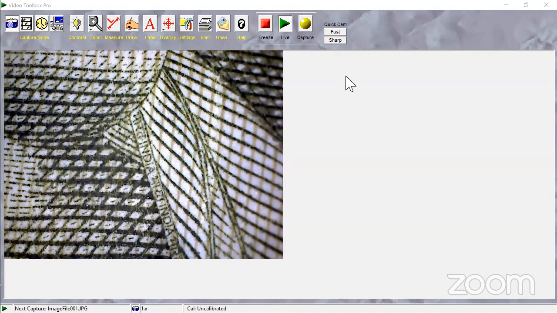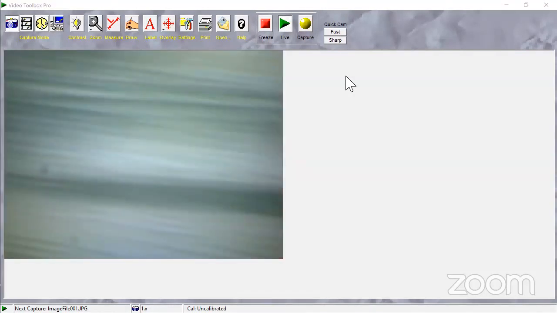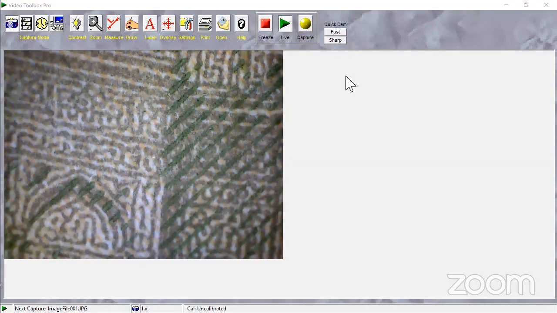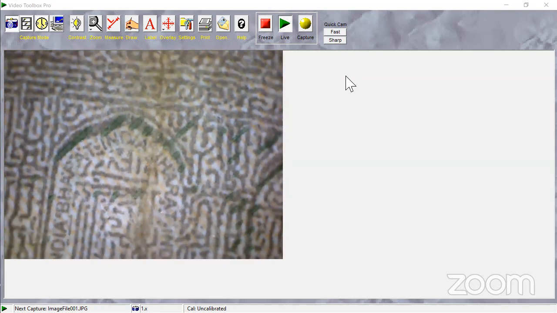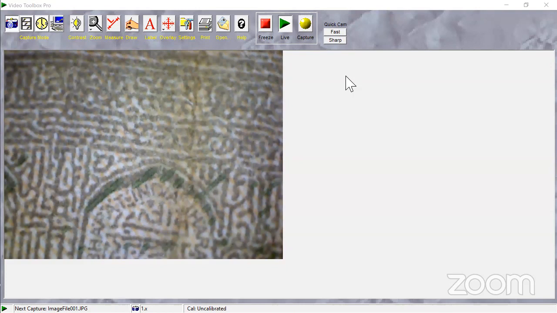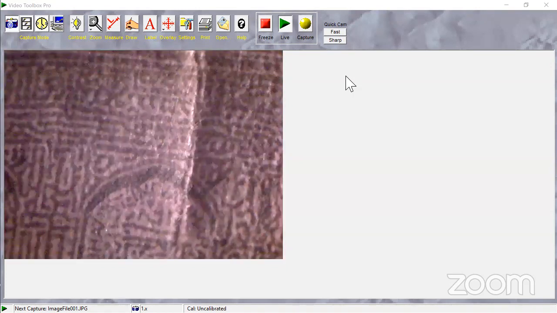And on the rear side, if you have a new currency note in your hand, all you have to do is look at the screen which I'm going to share now.